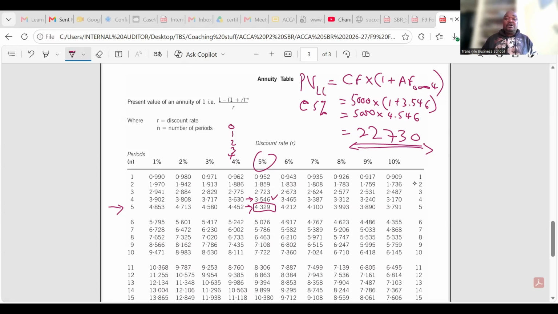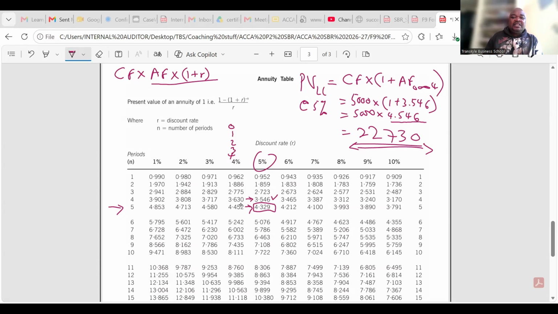What you have to do is multiply the cash flow by the annuity factor, the ordinary annuity, multiplied by 1 plus R. So at the annuity factor level, we want to come up with the adjusted annuity factor.